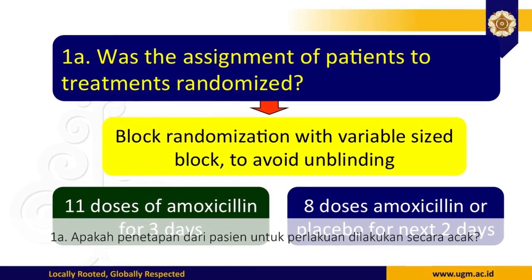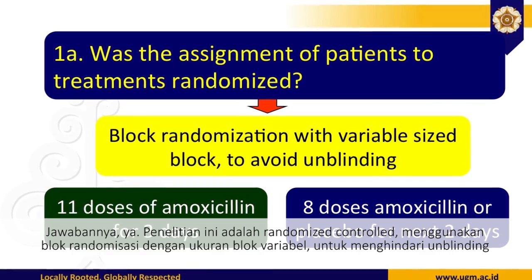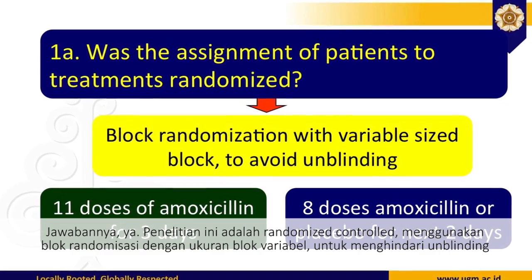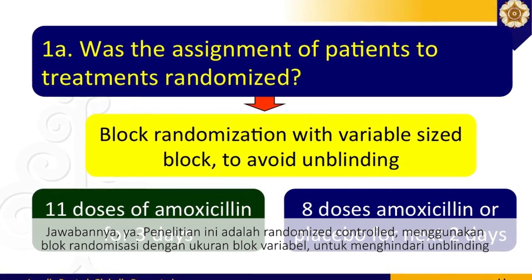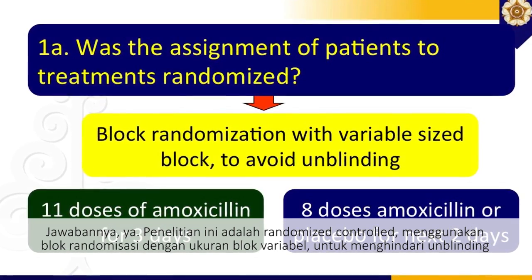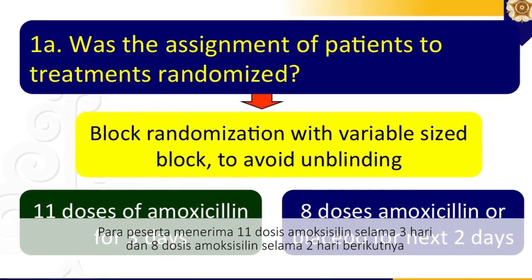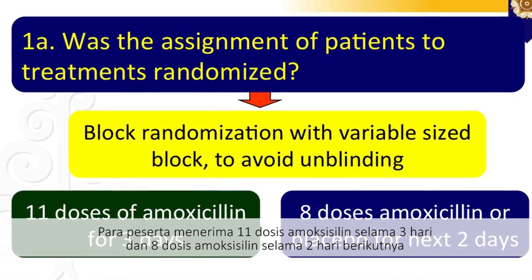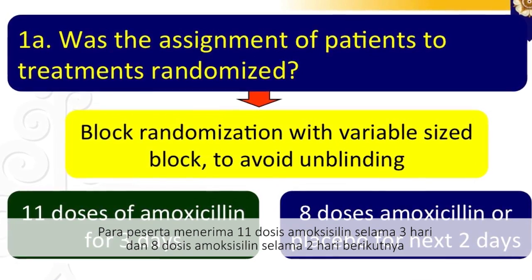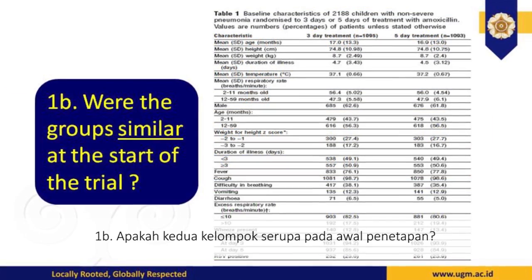1A. Was the assignment of patients to treatments randomized? Yes. The study is a randomized controlled trial using block randomization with variable size block to avoid unblinding. The participants will receive 11 doses of amoxicillin for 3 days and 8 doses of amoxicillin or placebo for the next 2 days. 1B.